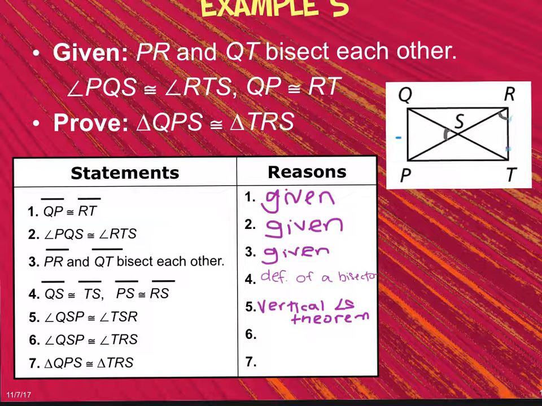So we had marked these 2 were congruent, and those 2 were congruent. Does the alternate interior stuff go with this or not? If the lines were parallel, but the lines aren't parallel. Corresponding. Actually, this is wrong. Sorry, this should be Q. S.